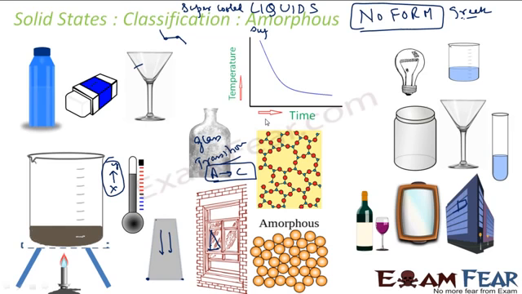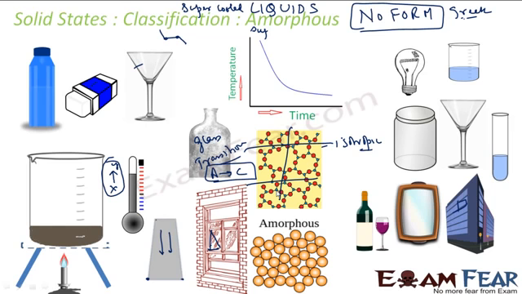Also, one thing to be noticed: in the case of crystalline it was anisotropic, but this is isotropic. It is isotropic because it is all haphazard. If you take it from this direction, you don't know what will come. There is no regular fixed arrangement.